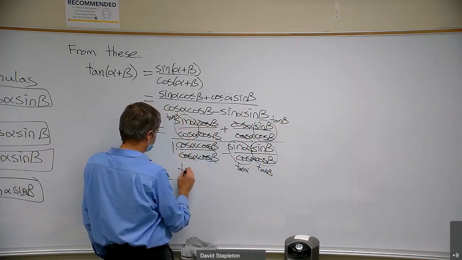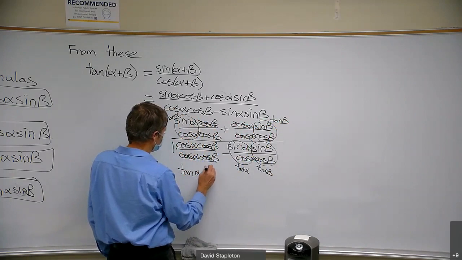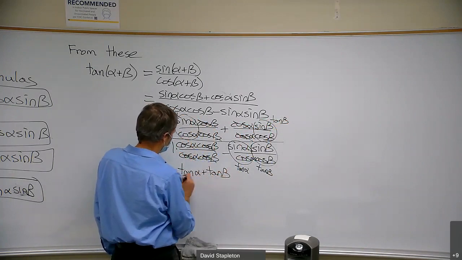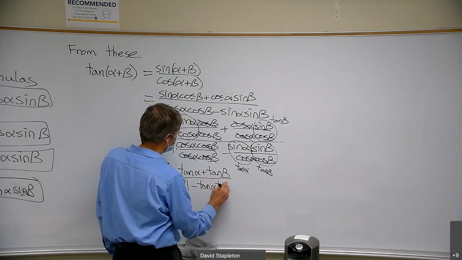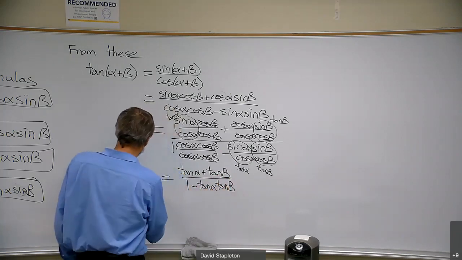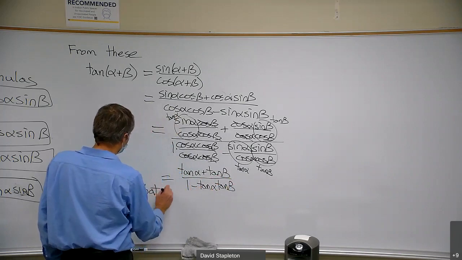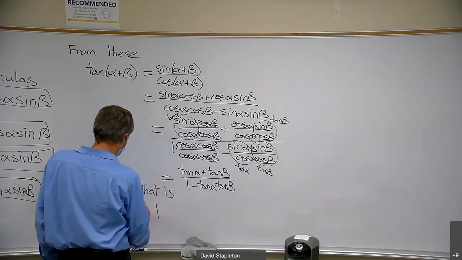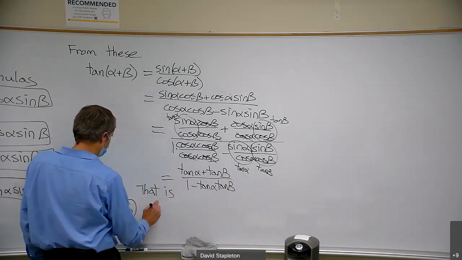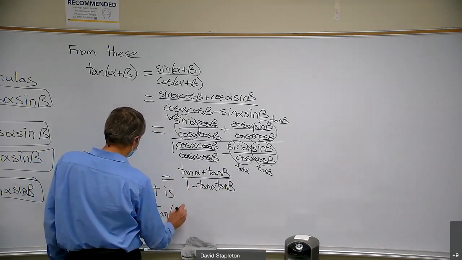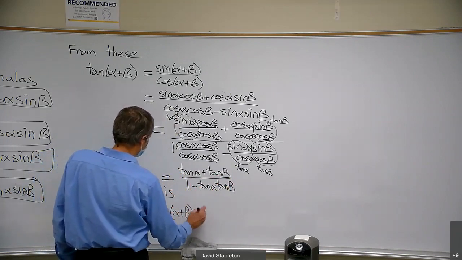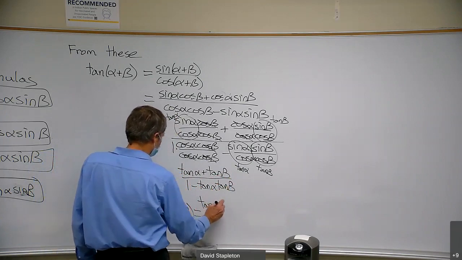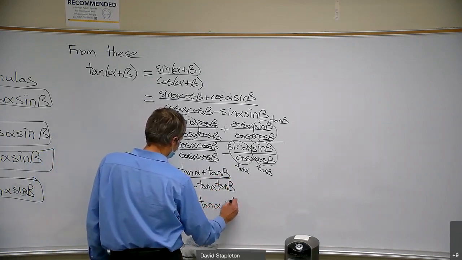And what I find out is that I have tangent plus tangent, 1 minus tangent times tangent. There is a sum identity for tangent. We can call this equation 5: tangent of alpha plus beta is tangent plus tangent over 1 minus tangent tangent.